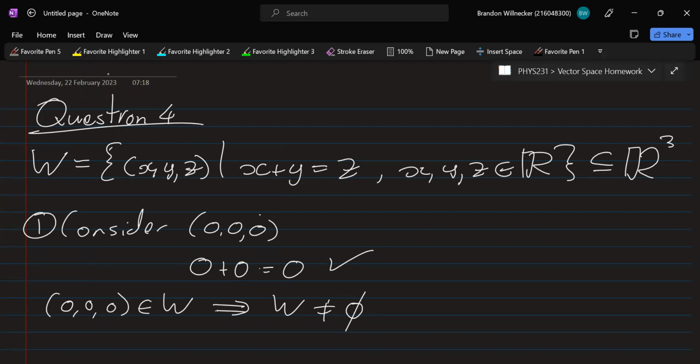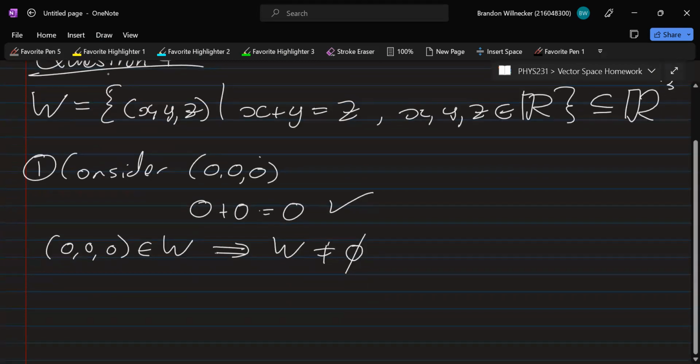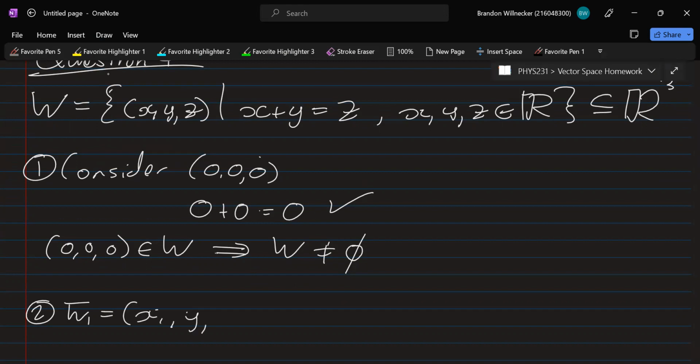Number two, we need to show closure under addition. So if we take a W1, say W1 is given by (X1, Y1, Z1), this is from W. Since it's from W, it must satisfy that rule to be in W. So we know that X1 plus Y1 must be Z1.